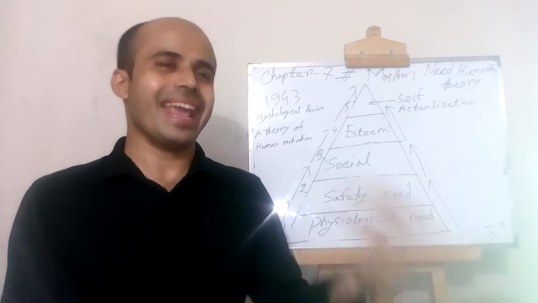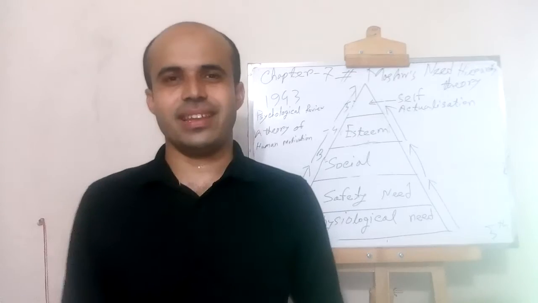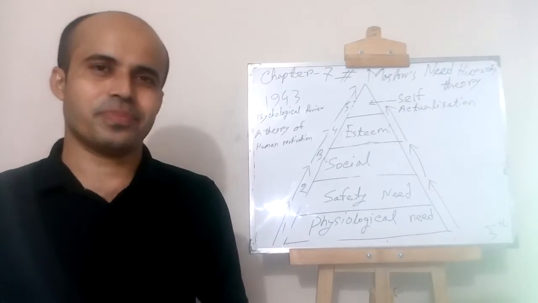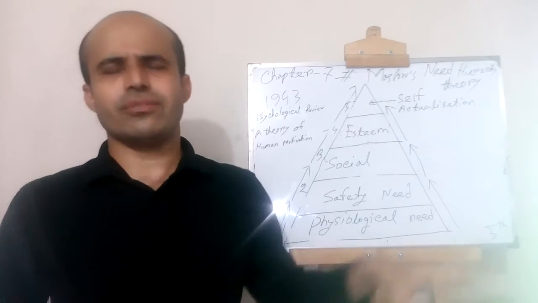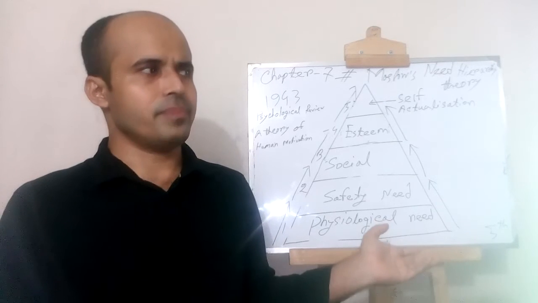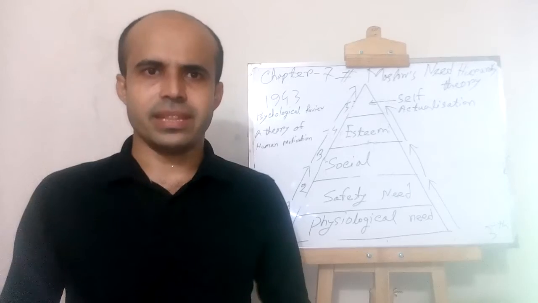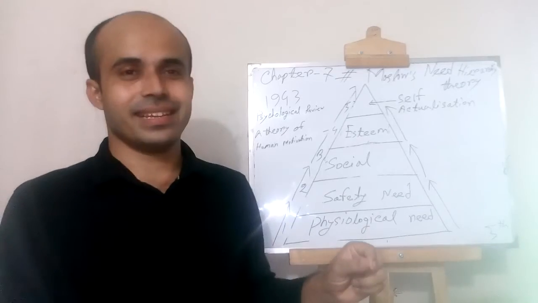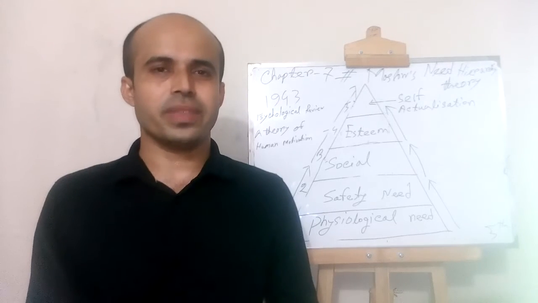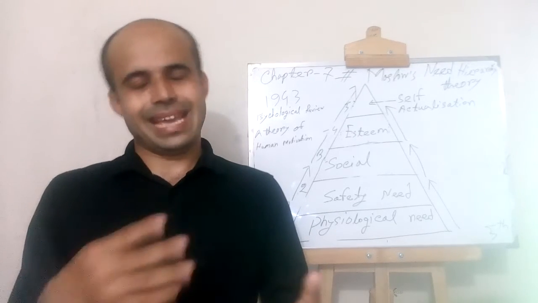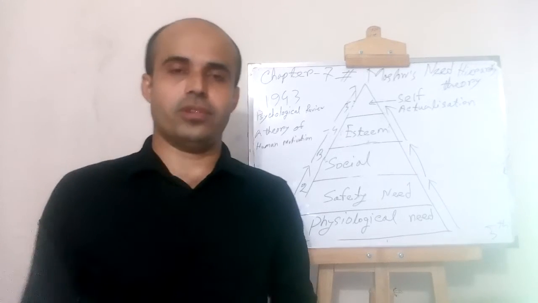Now the needs shift to self-actualization. Self-actualization means that when you have everything, like many business magnates in Bangladesh, they try to set themselves up in society as an icon.